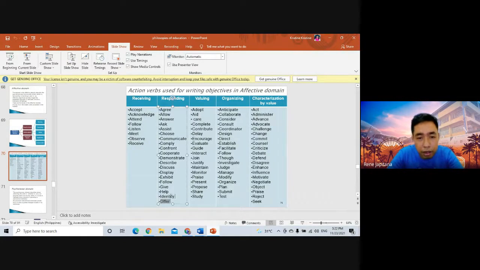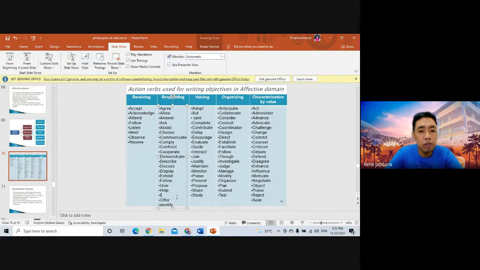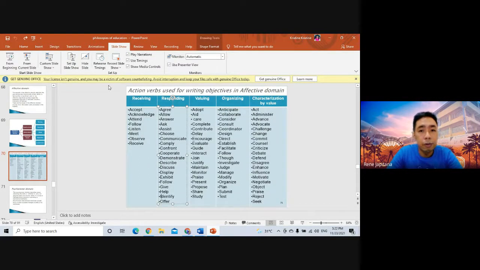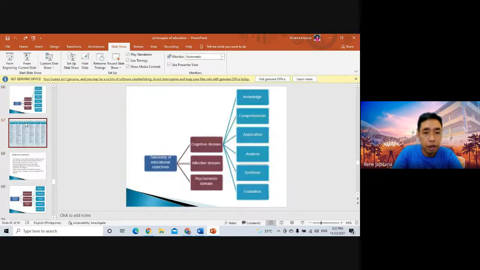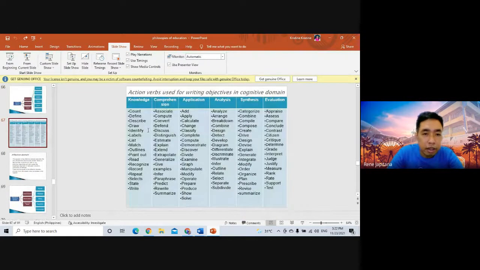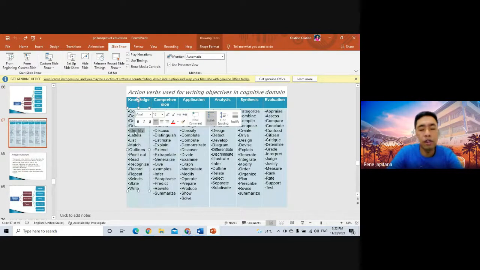The word identify is used here, and the word identify is also used in the cognitive, but it will depend on how it is being used in the objective.